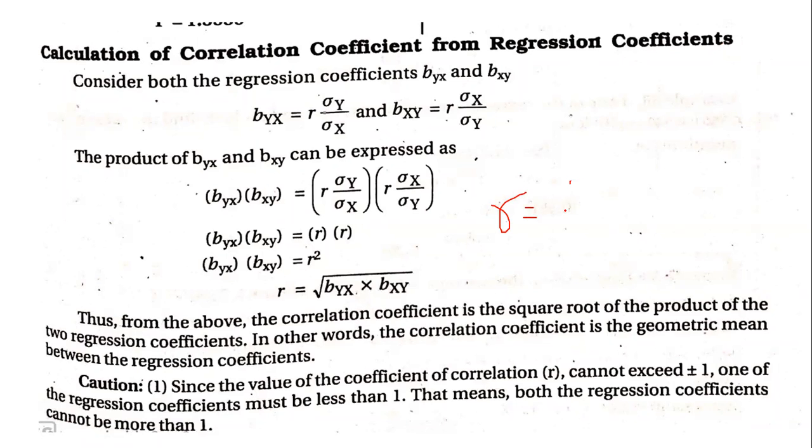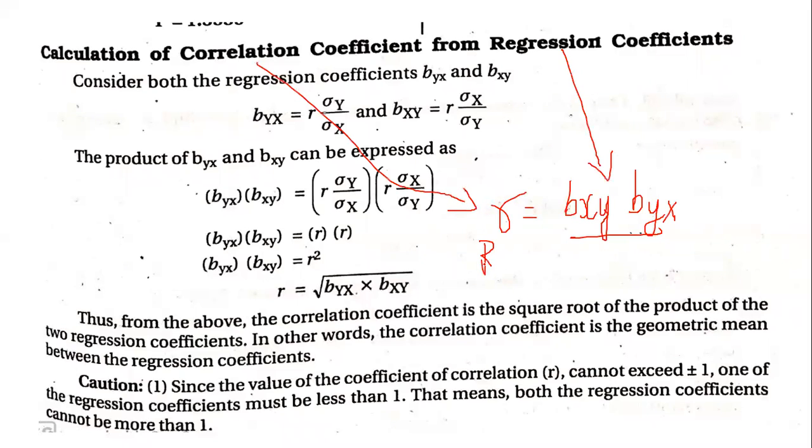What are regression coefficients? Bxy and Byx. These are regression coefficients. And correlation coefficient we already know, that is R or capital R. Usually it is small r. So let us start.